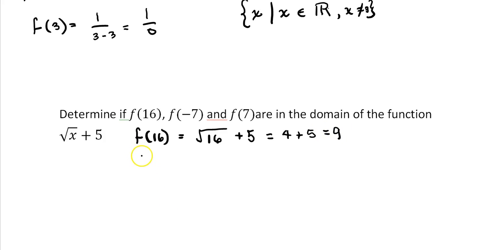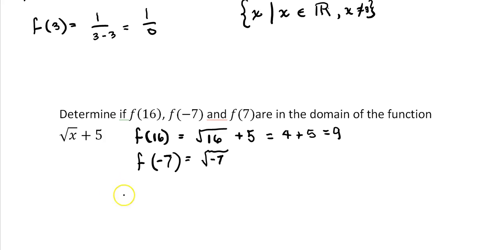Here, I'm going to have an f of negative 7, which means I'm going to have a negative 7 under the square root. Now, some folks know that this is going to give you an imaginary number.